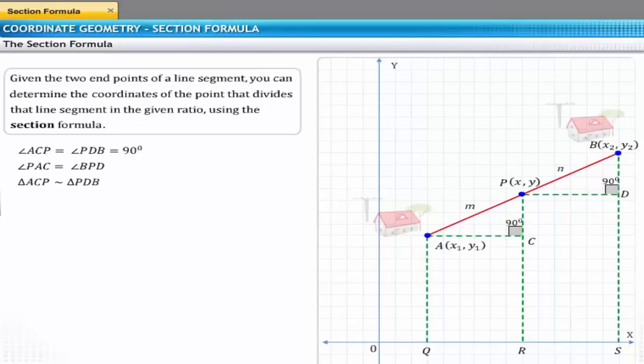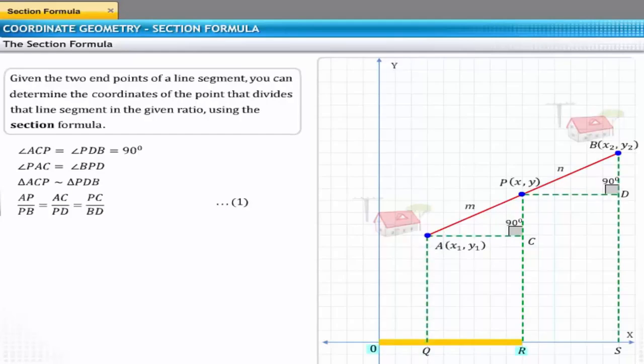In similar triangles, the ratio of the corresponding sides are equal. This leads us to equation 1. AP divided by PB is equal to AC divided by PD is equal to PC divided by BD. As you can see from the graph, AC equals QR.